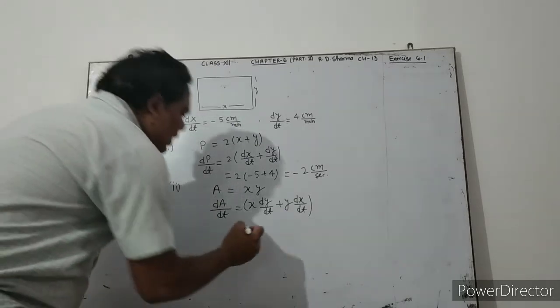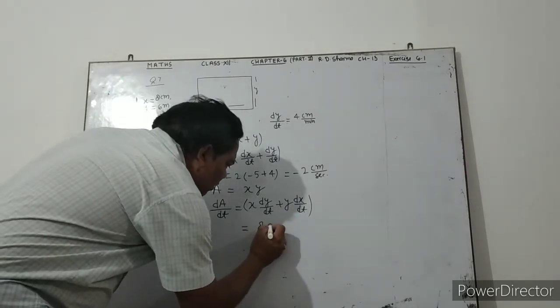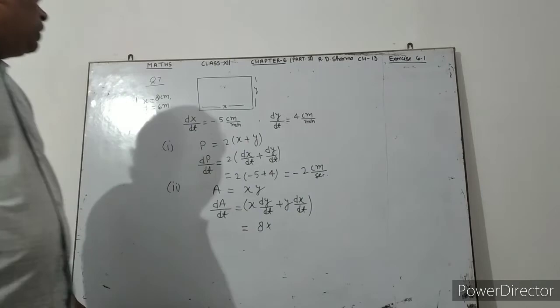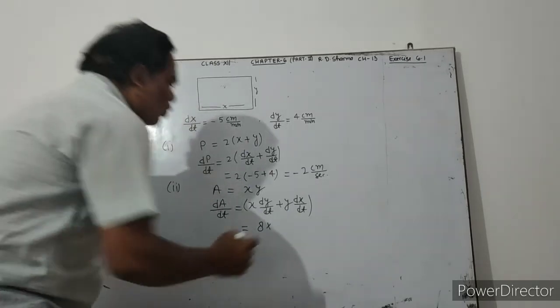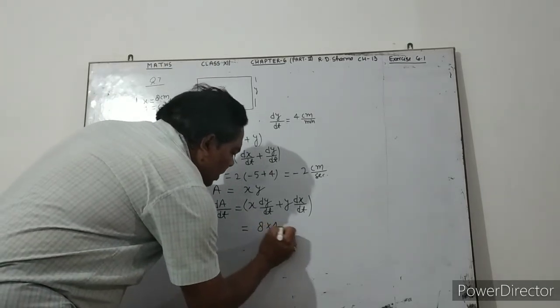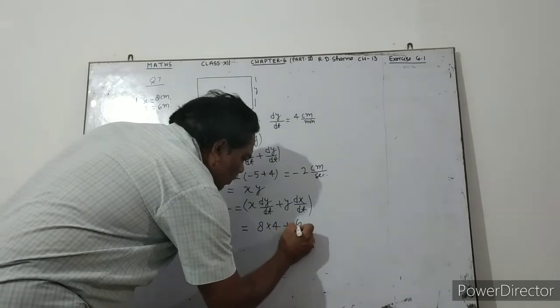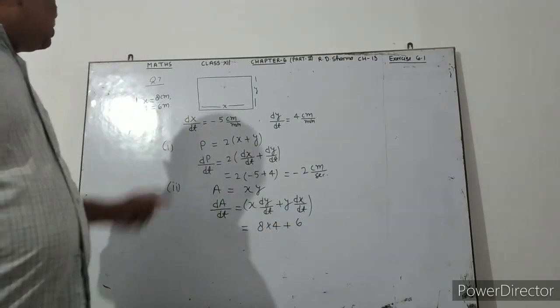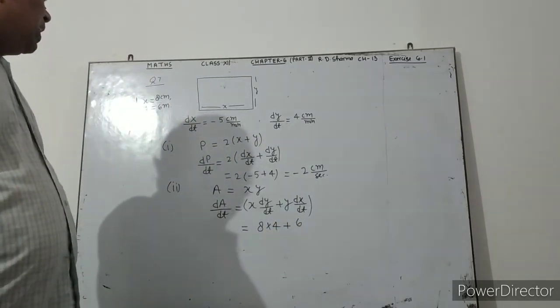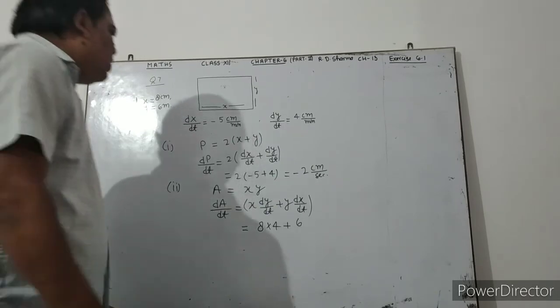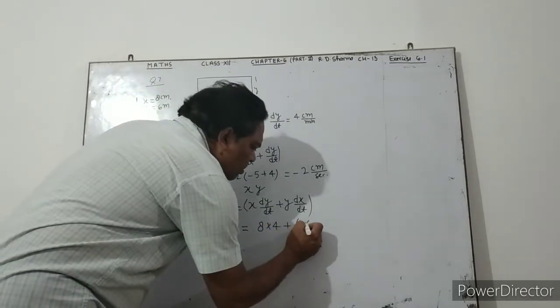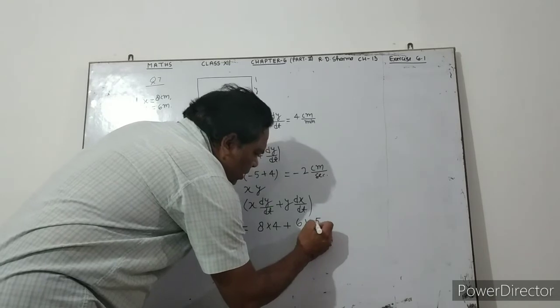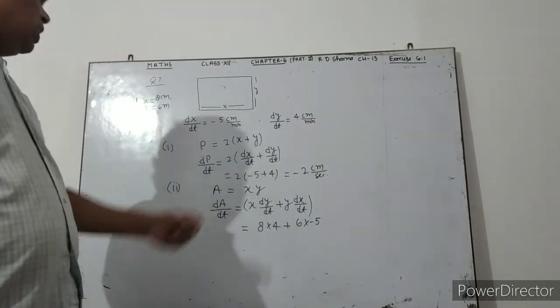The value of x is 8. The value of dy upon dt is 4. The value of y is 6, and the value of dx upon dt is minus 5.